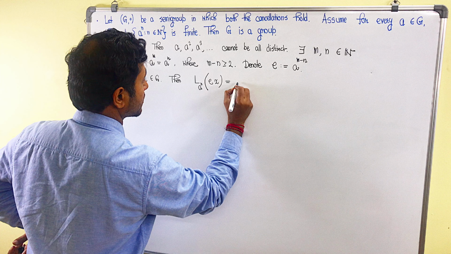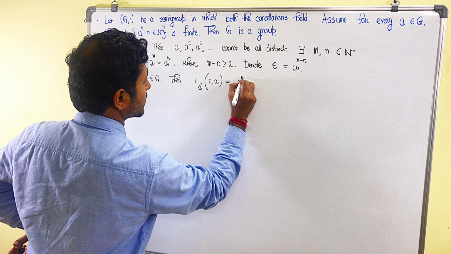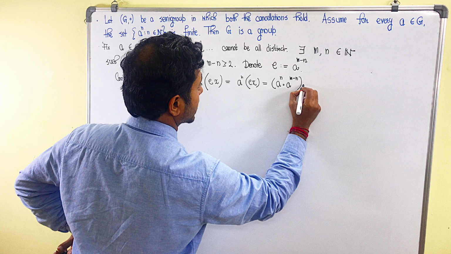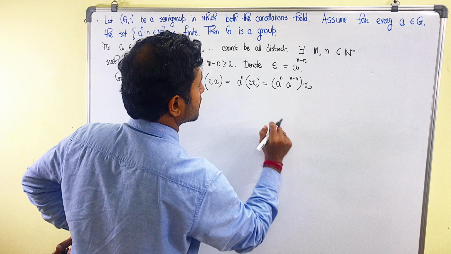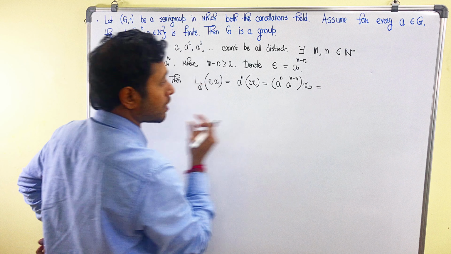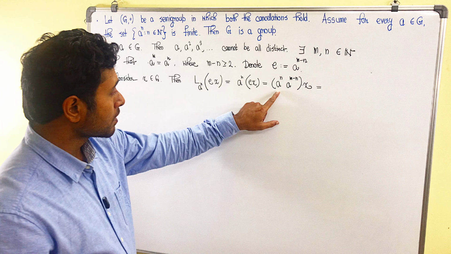So left multiplication by a to the power n gives a to the power n Ex, which means after associativity a to the power n composed with a to the power m minus n times x. This means composition of a n times, this means composition of a m minus n times, so altogether composition of a m times, so this is a to the power m x.